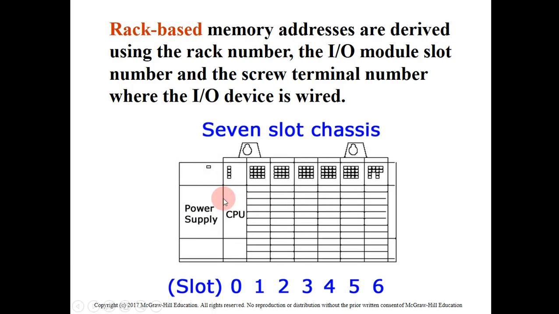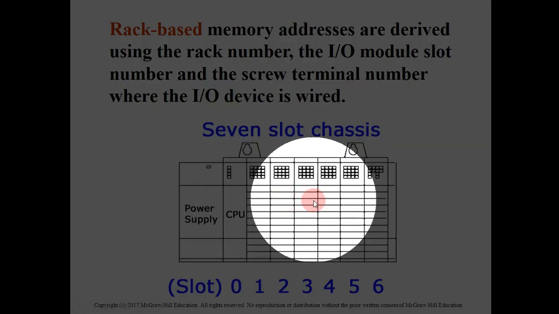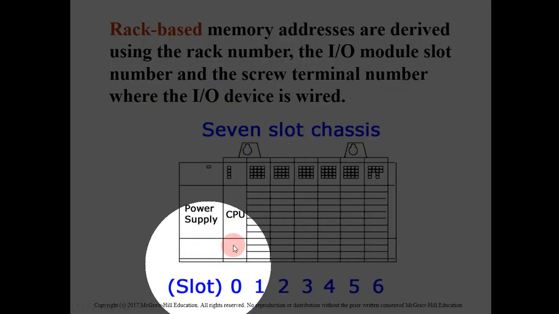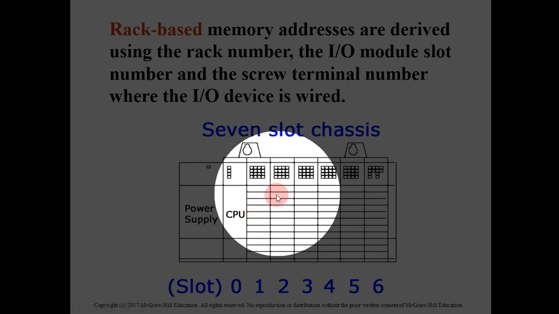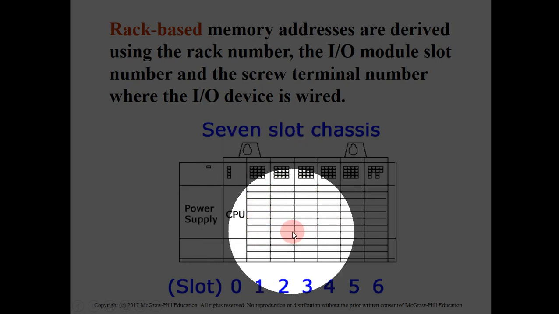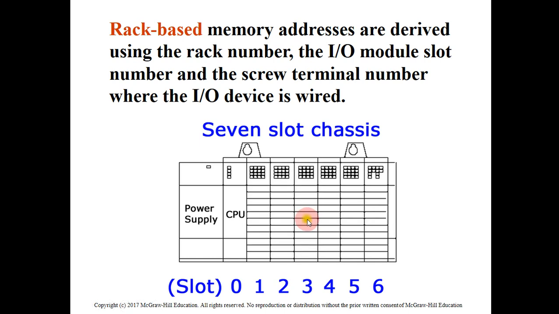When we talk about rack or slot-based addressing, we highlight the rack number and the slot number, and each one of these we call a slot. So this is slot number 0, slot number 1, slot number 2, and slot 3, 4, 5, 6. So we have slots from 0 until 6 here. The number of the slot will also be highlighted in the address: number of rack, number of slots, and number of terminals.